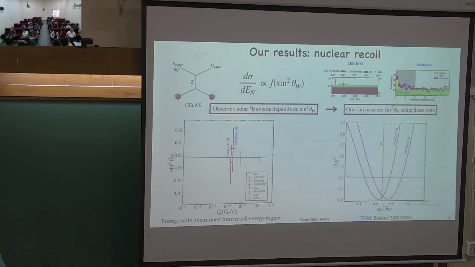To push a 120 GeV nucleus to 1 keV energy, you need this much momentum transfer. That fixes the energy scale of the measurement. You need larger momentum transfer to push a heavy nucleus. So if you use a lighter target, perhaps you can measure this parameter at a lower energy scale. That prompts us to think that we can use neutrino-electron scattering to measure this parameter even at the lowest energy scale.